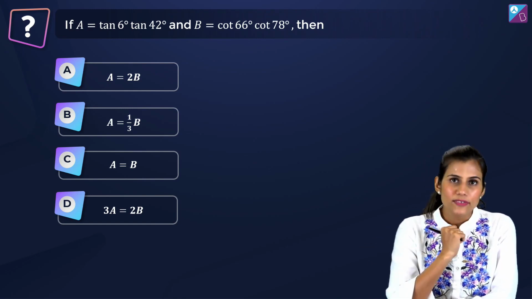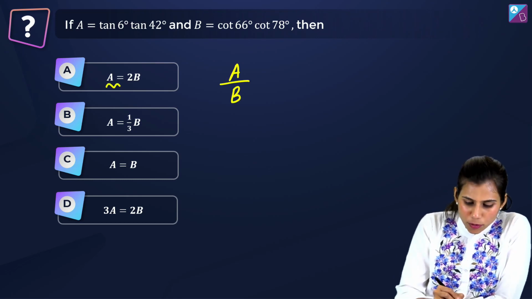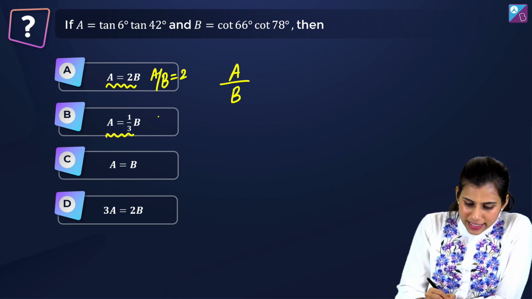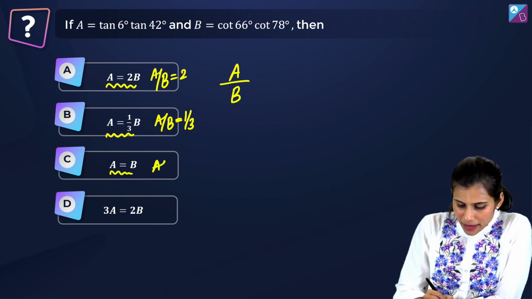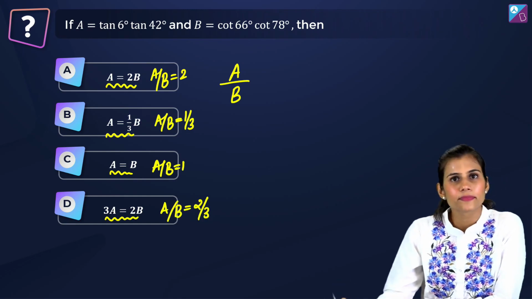So rather, we will work upon getting the ratio A by B, because the first option says that A by B is 2. The second option says that A by B is 1 by 3. The third option says that A by B is 1, and the fourth option says that A by B is 2 by 3.